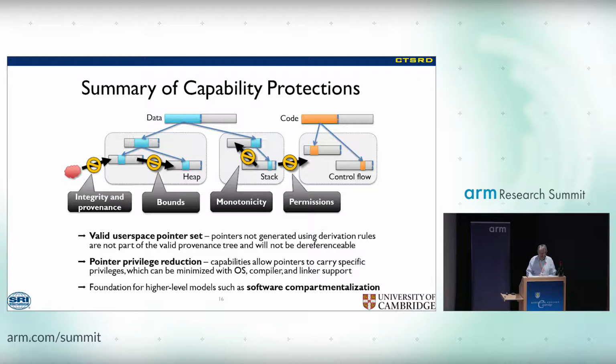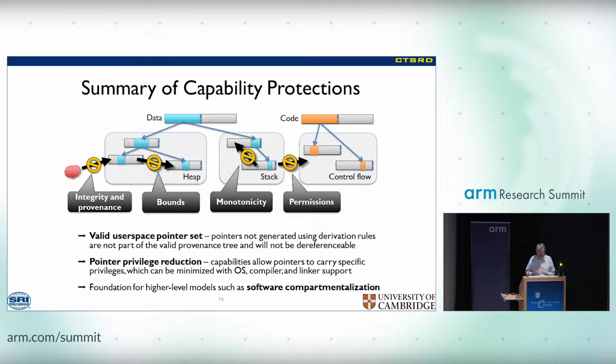So if we summarize the protections, we've got the integrity, we've got the bounds, we've got monotonicity. We manage things on the code side as well to help with control flow integrity. We'll make that more robust. And we've also got permission bits to help us avoid mixing up code and data. We've got valid user space pointer set.